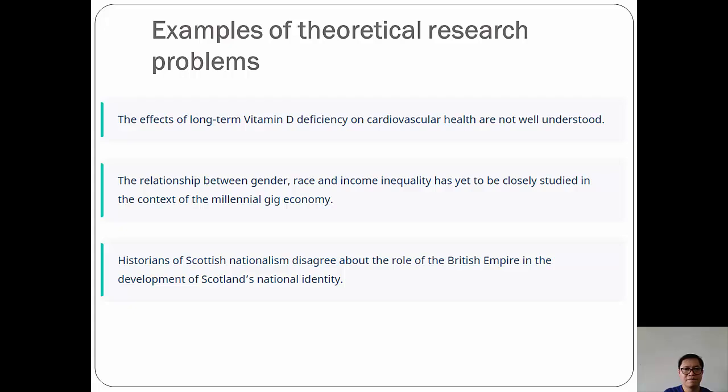Then, historians of Scottish nationalism disagree about the role of the British Empire in the development of Scotland's national identity. That is an example of a theoretical problem.